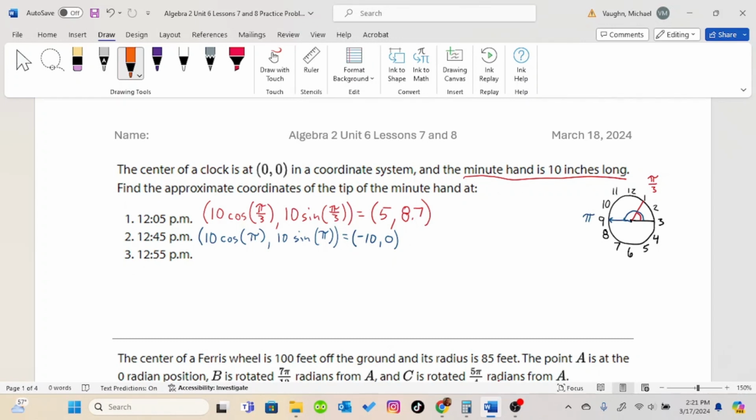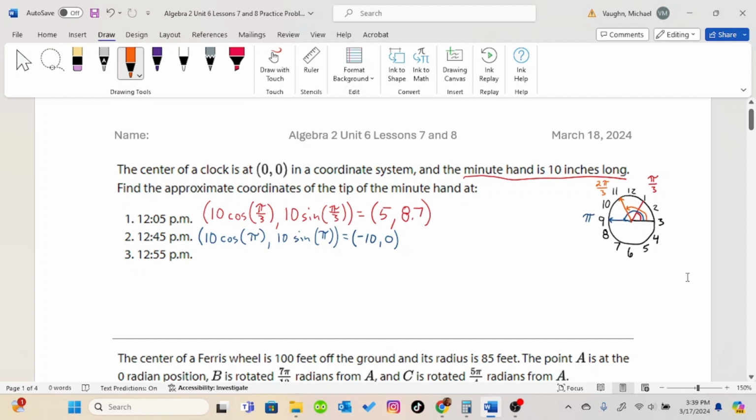And number 3, we want the tip of the minute hand when it's 12:55. The minute hand would be pointed at the 11, and our angle would now be 2 pi over 3 because we are 2/3 of the way to pi.